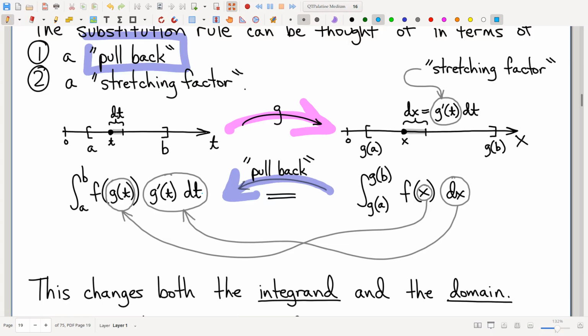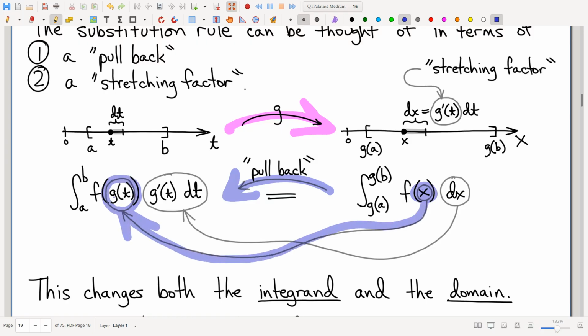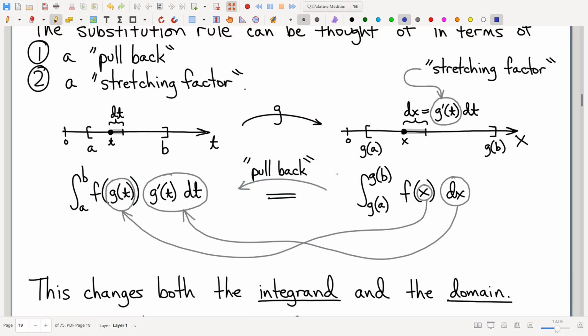So that's the first aspect of things. The second aspect, by the way, the actual plugging in, of course, is pretty straightforward. I'm literally just going to take x and plug in everywhere I see an x, I'm going to put g of t. That's not tricky. Okay, here's the other thing I want to recognize: the idea of a stretching factor.